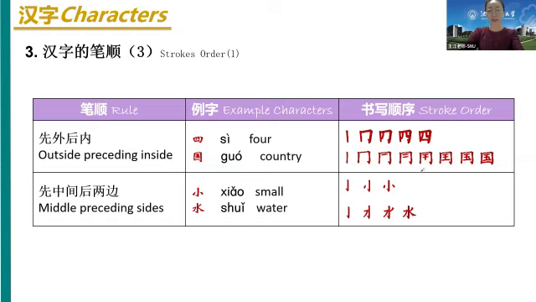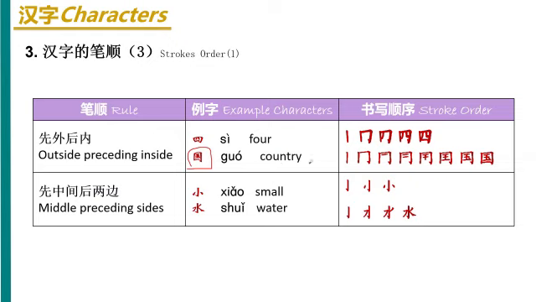For example, let's learn to write this Chinese character, 国, 中国. 国 means country, 中国 China, 美国, what's the meaning? America, yes.